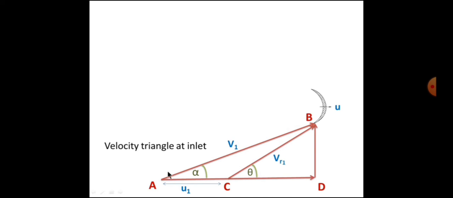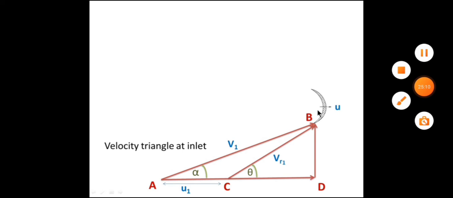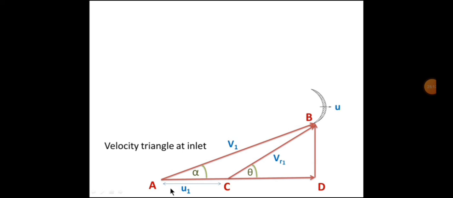First of all we have the absolute velocity v1, inclined at an angle alpha. The jet is striking the blade with velocity v1. Because of this, the blade moves with a velocity u, which can be drawn here as u1.